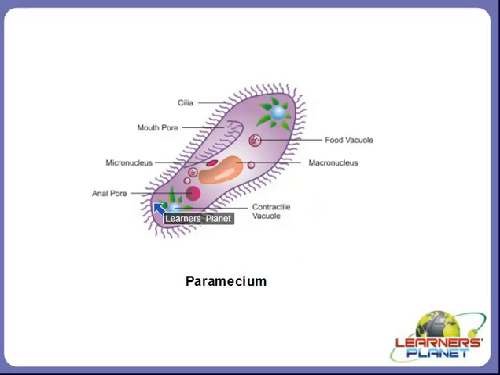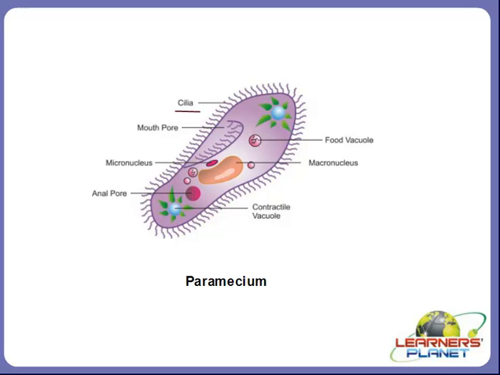In Paramecium, they have this outer wall, this membrane, and this membrane is provided with hair-like structures. And these hair-like structures are known as cilia. The cilia are very small, very minute, and they are present in large numbers, all over the surface of this organism.